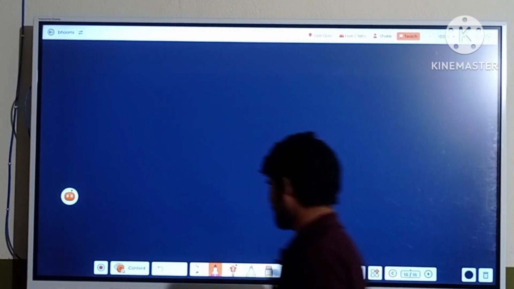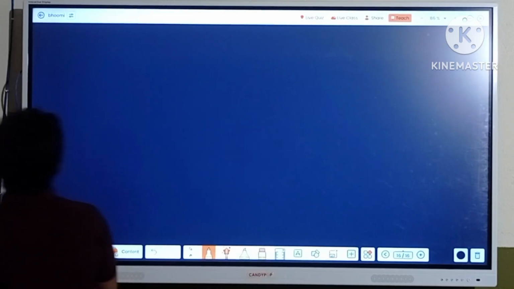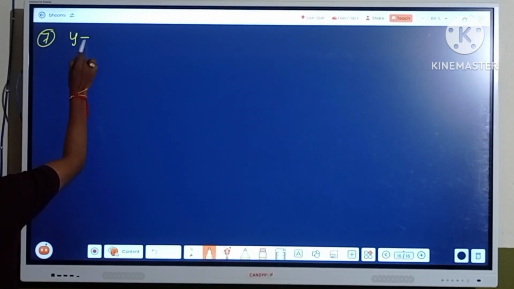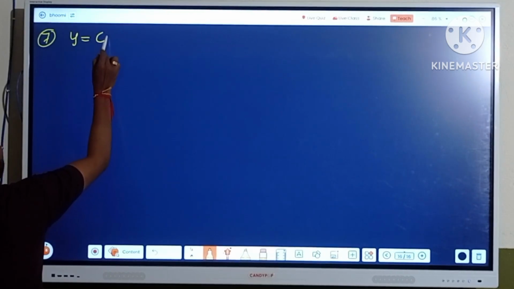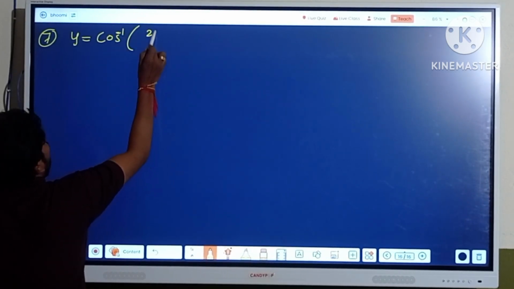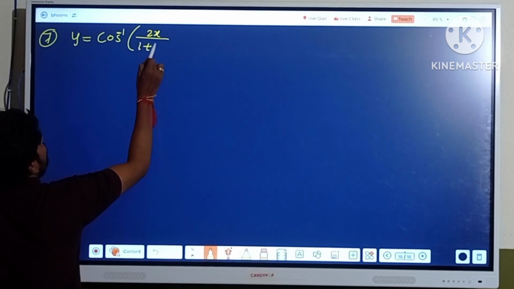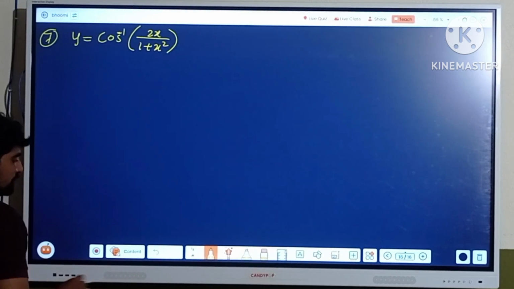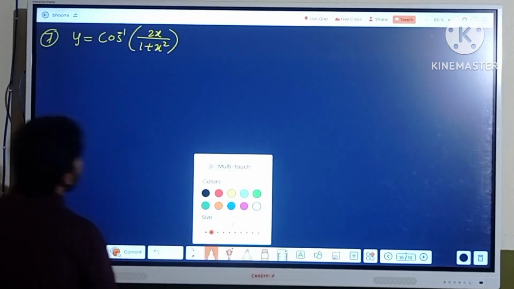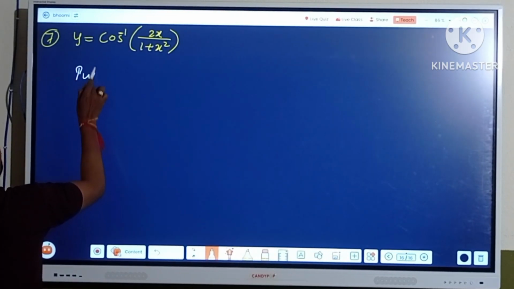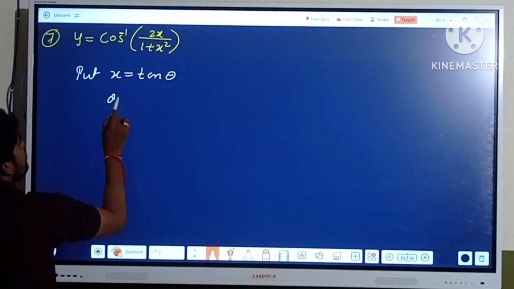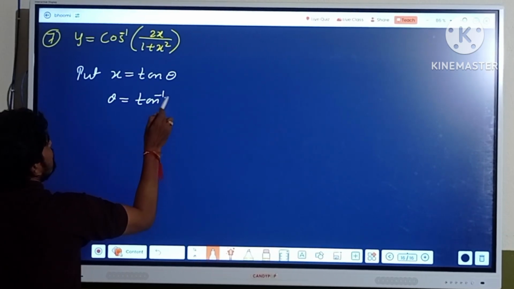So now the next question is, find dy by dx if y equals cos inverse of 2x divided by 1 plus x square. By observing the term inside the bracket, we substitute x equals tan theta. So theta is tan inverse x.